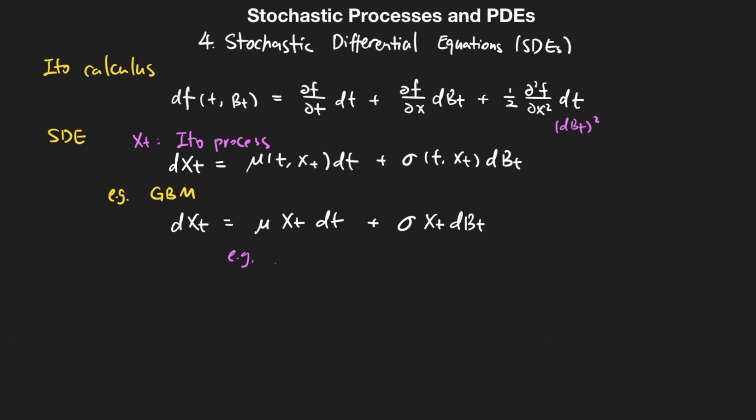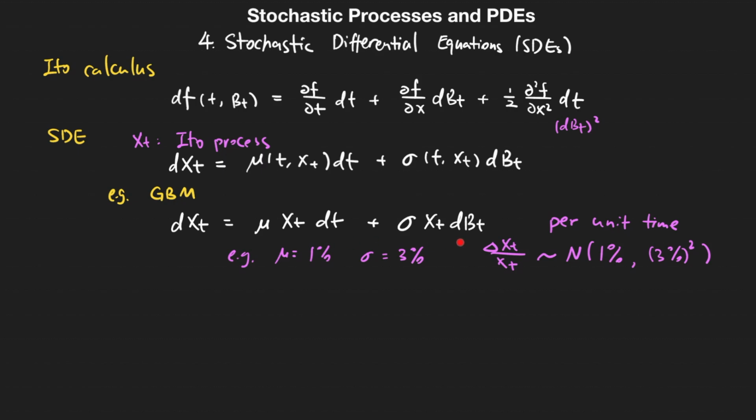For example, if mu equals 1% and sigma equals 3%, then the percentage change of the stock price, delta xt over xt, follows a normal distribution with mean of 1% and a variance of 3% squared. And I should say this is per unit time. So this is the idea behind the geometric Brownian motion and why we want to use it to model the stock price.